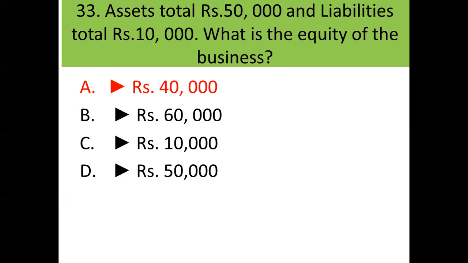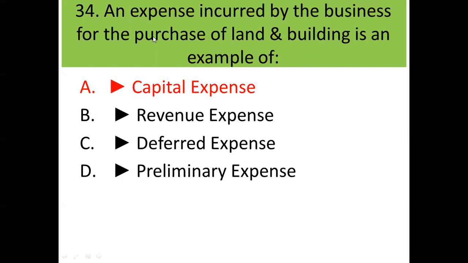Here we have the total asset and we have the liability. Equity will be total asset minus liability, which is 50,000 minus 10,000, and you get 40,000.